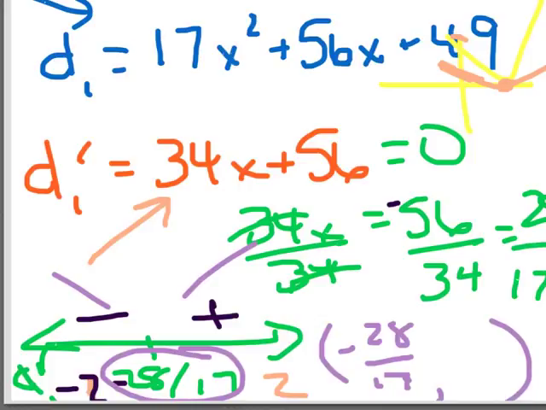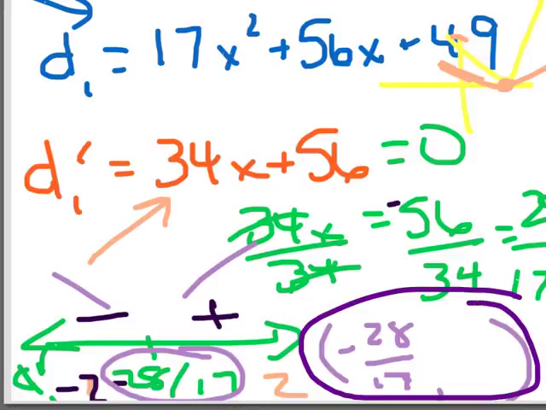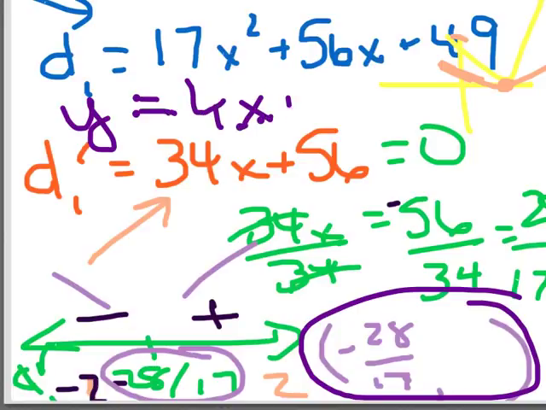I believe it was 4x plus 7. Plug this x value into y equals 4x plus 7, get your y, and you're done.